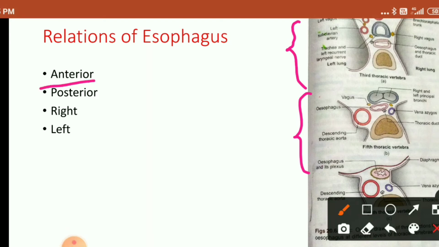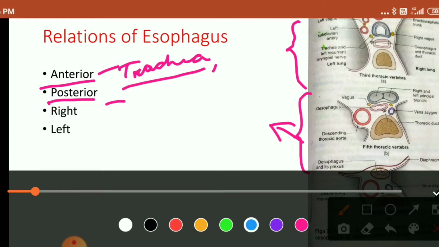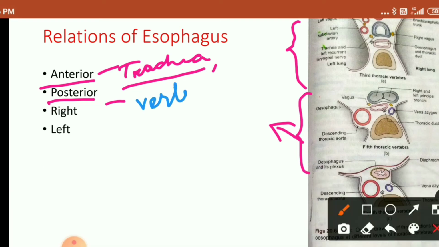Now you see that anterior to the esophagus, both cervical and thoracic, we have the trachea. Yes, and in the cervical part, you have the brachiocephalic trunk, the subclavian and the common carotid artery as well. Okay, now posteriorly, I am talking about the thoracic part, you have the vertebral canal.